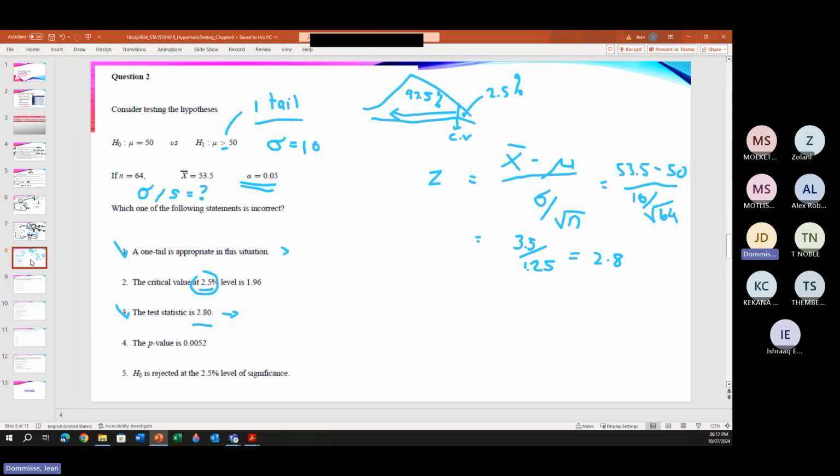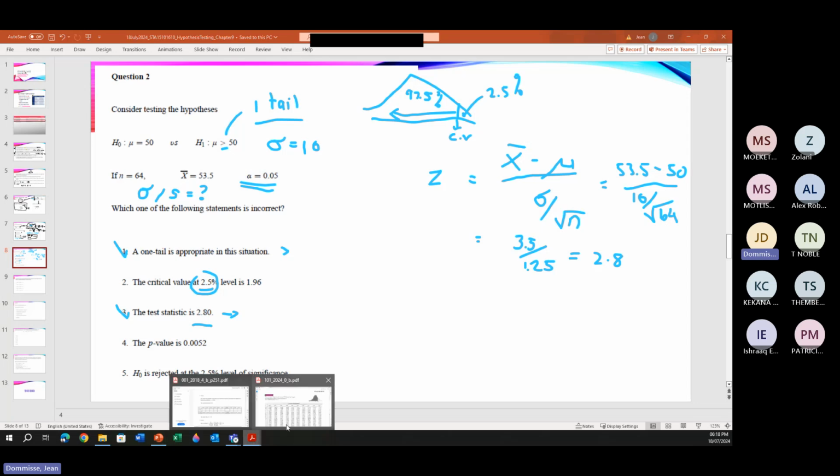So let's just quickly check. So let's go to the Z table, so that we can see what is the critical value of that. So the easiest one is the positive Z. We look at the positive Z of 97.5.